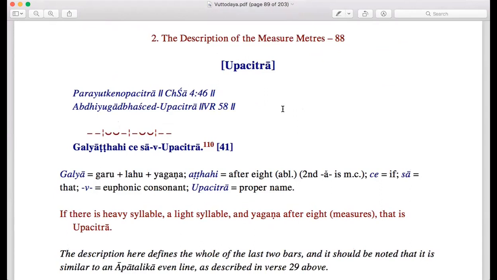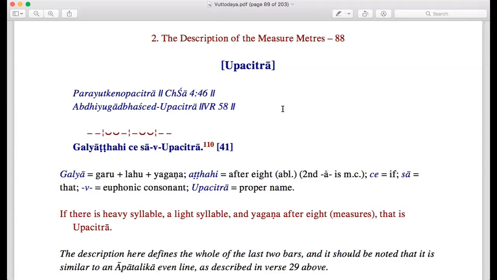It has this constraint because, according to the venerable Sangharatana, he has to put the rule and the example in the same verse. That's why he does it this way. Because otherwise, according to this Upachitra, we can say that the rule is not Garu Lahu Jagana, but in fact Jagana and then Lahu Garu.